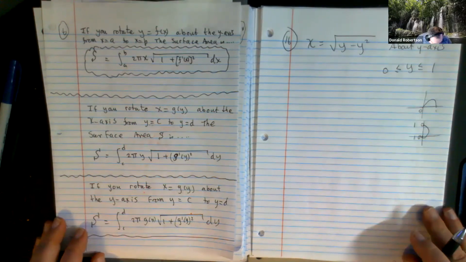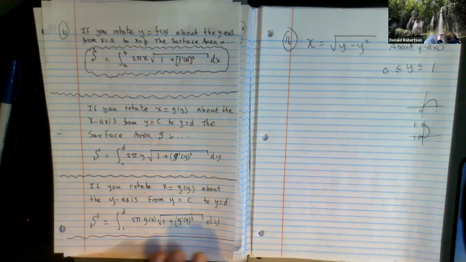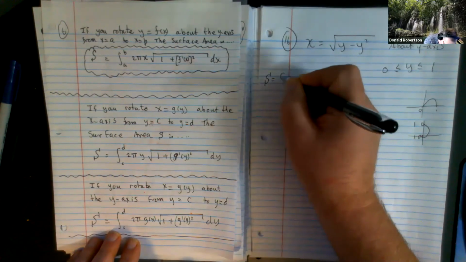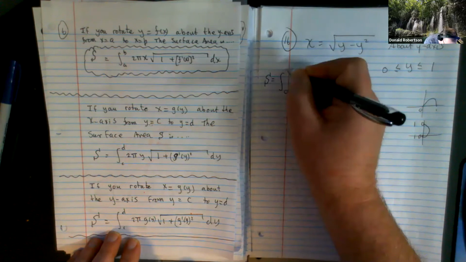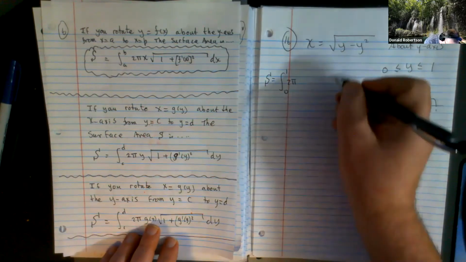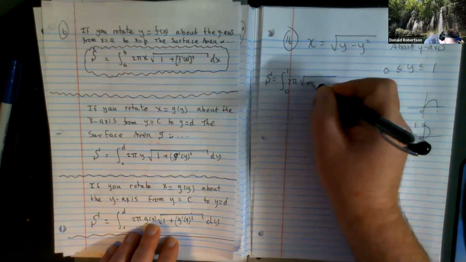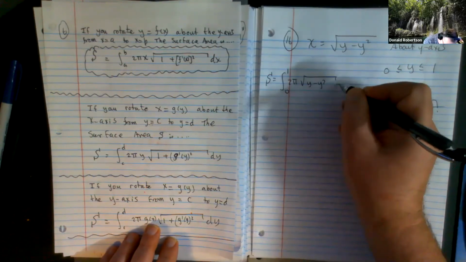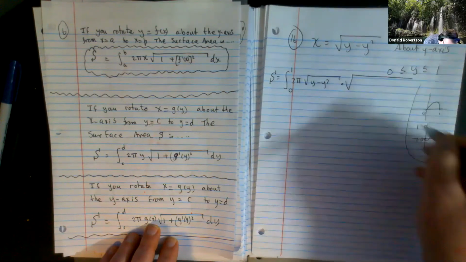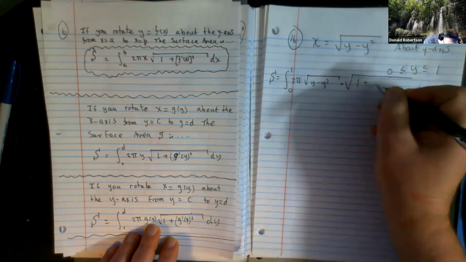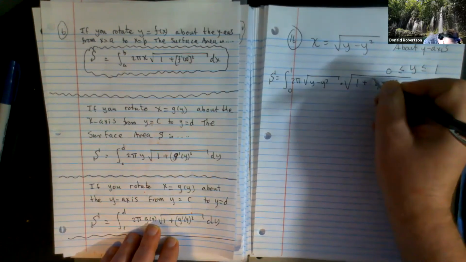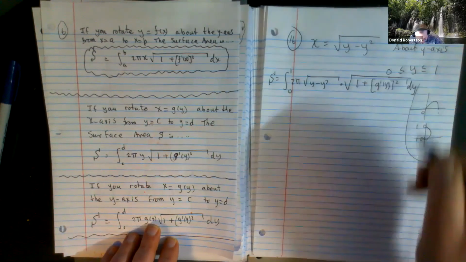Now, if you're doing a y-axis, the equation for the surface area is the integral from 0 to 1 of 2 pi g of y, which is essentially this, times, this is why you shouldn't do things without planning ahead, the square root of 1 plus the derivative of g squared, dy.